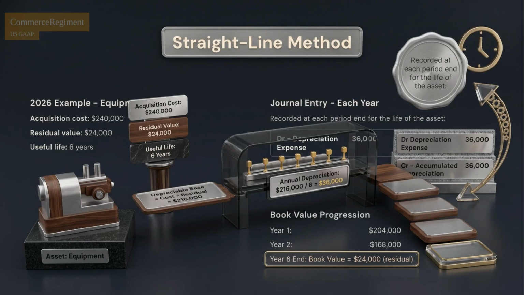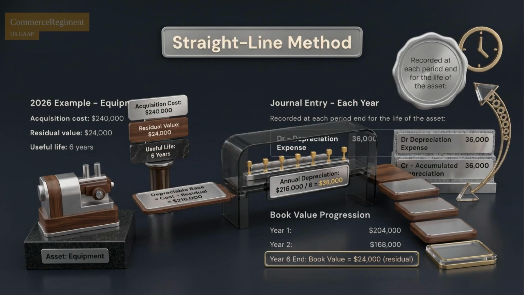The depreciable base is $216,000 and annual depreciation is $36,000. Each year, the entry is debit depreciation expense for $36,000 and credit accumulated depreciation for $36,000. After year 1, book value is $204,000, and by the end of year 6, book value reaches the residual value of $24,000.